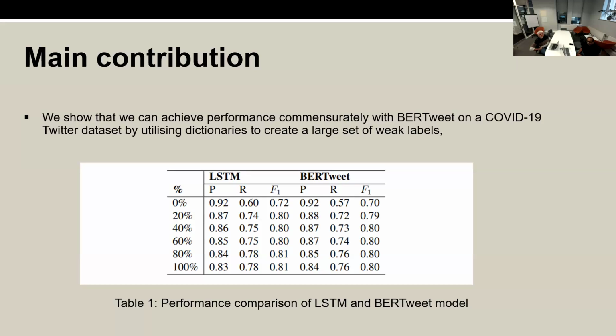And this is also without using any annotated data. For example, we have this symptom dictionary we created, and then we annotated the data automatically with the dictionary, which we call weak learning or weak supervision.